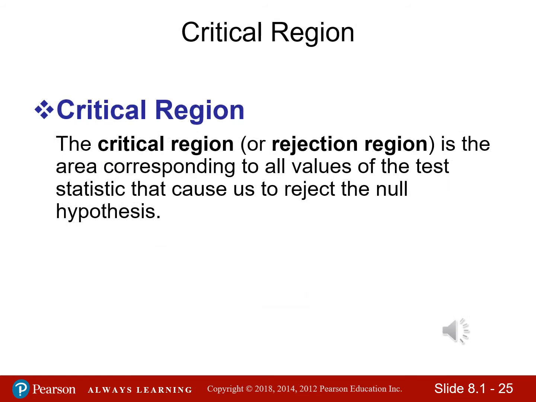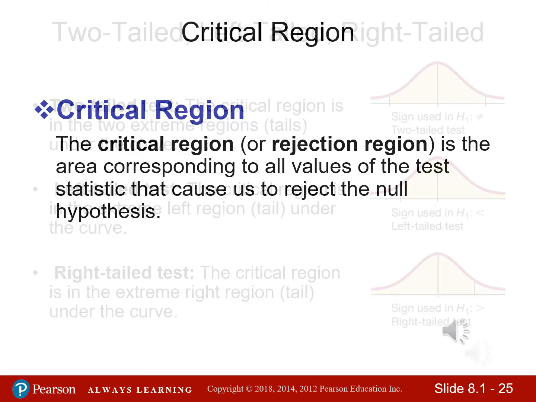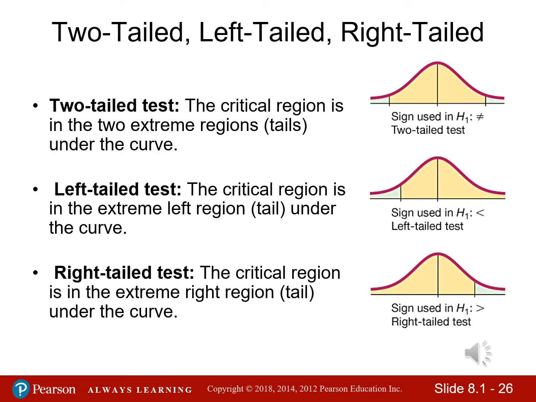The critical region, or the rejection region, is the area corresponding to all values of the test statistic that cause us to reject our null hypothesis. Depending on the claim that we are testing, the critical region could be in the two extreme tails, or it could be in the left tail, or it could be in the right tail.